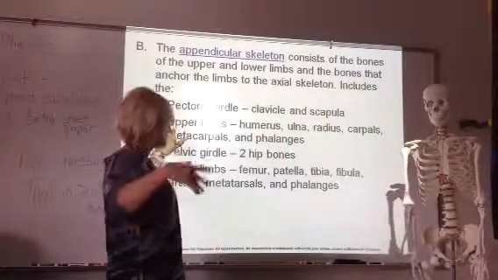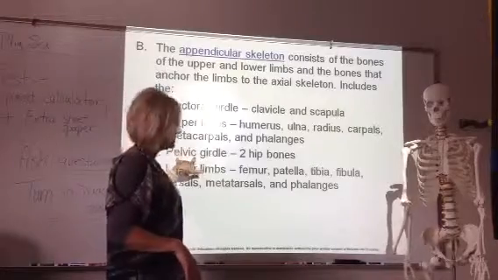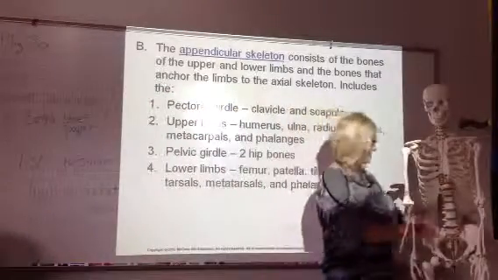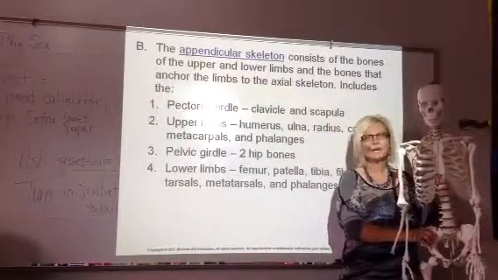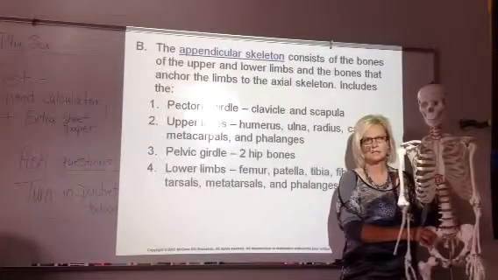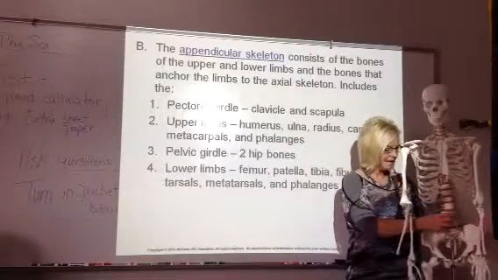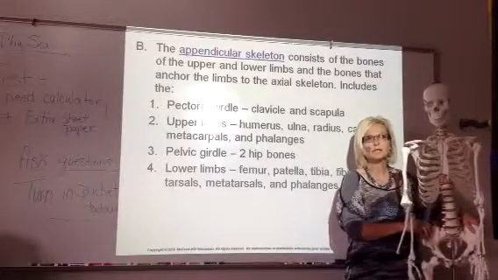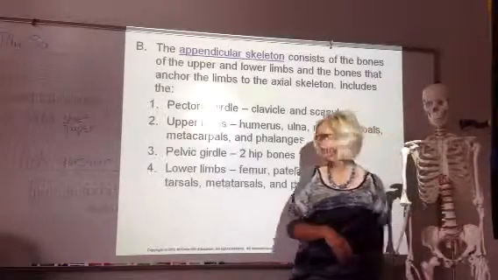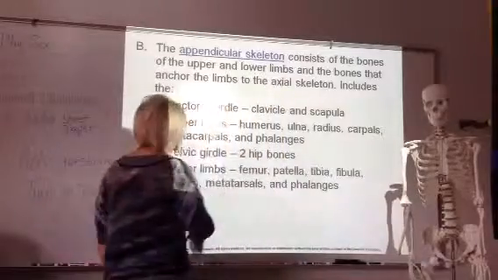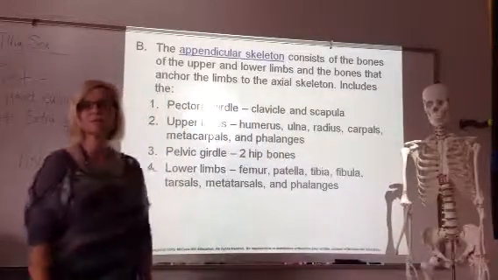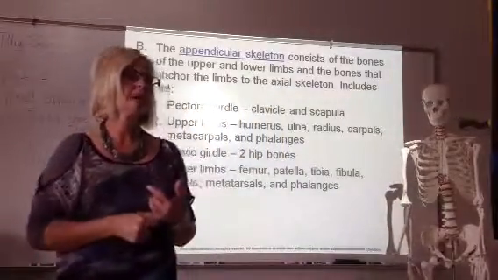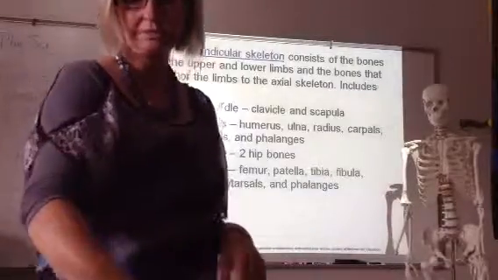Upper limbs, your arms. Pelvic girdle, so your pelvis is not part of your axial skeleton. The axial skeleton ends at the bottom of your vertebrae. Pelvis is part of your appendages. And then your lower limbs, your legs, all the parts of your legs will be part of the appendicular skeleton.